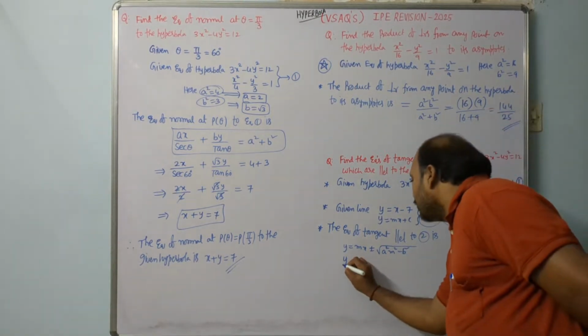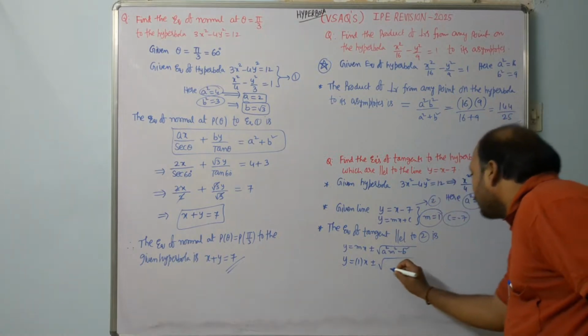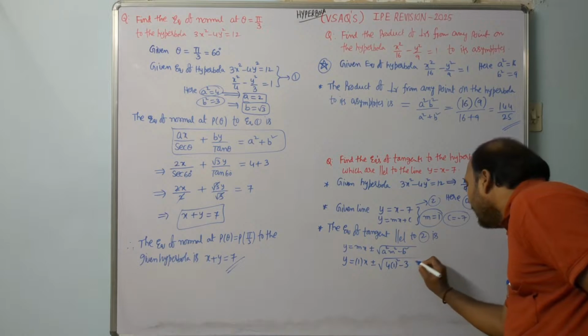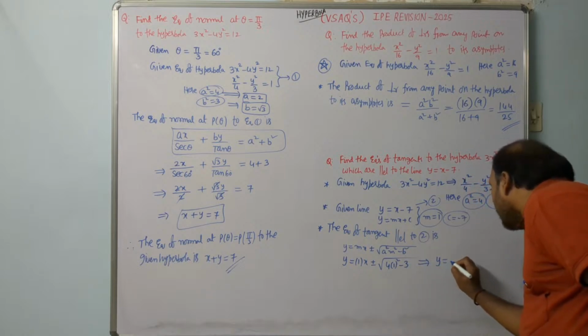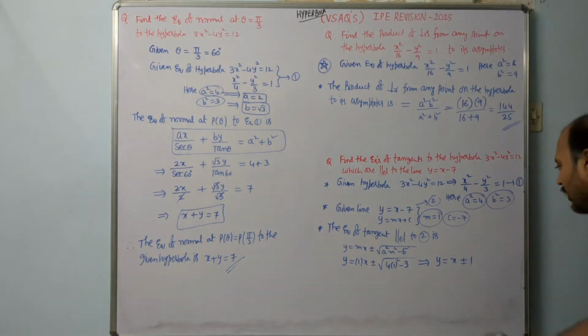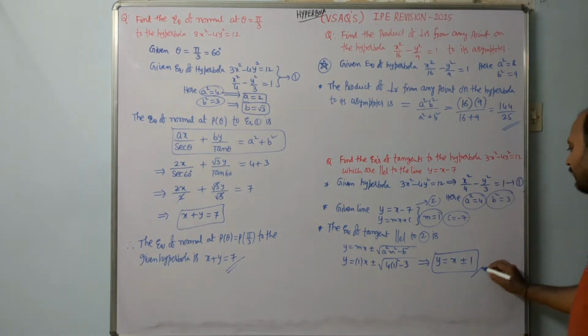So y equal to m value 1 into x plus or minus root over a square value 4, m square value 1 square minus b square value 3. That implies y is equal to x plus or minus 1. 4 minus 3 is 1 only, no. So these are the equations which are parallel to the given line.